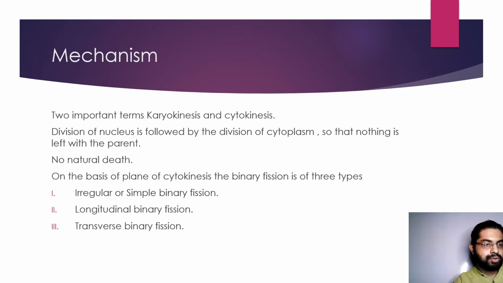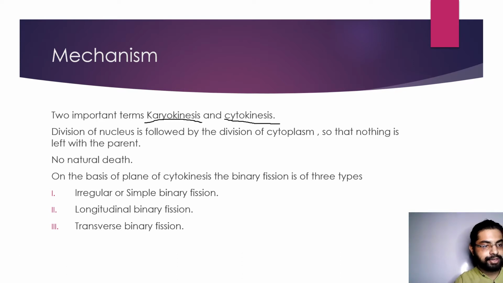Mechanism. Two important terms: karyokinesis and cytokinesis. Karyon means nucleus, and kinesis means division. So karyokinesis means the division of the nucleus, and cytokinesis means division of the cytoplasm.